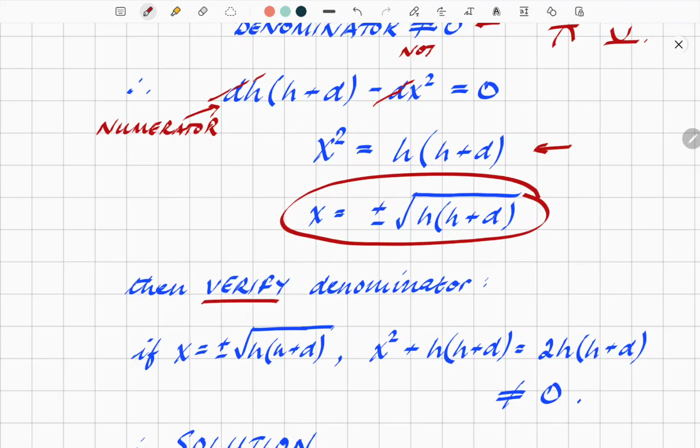Then we have to verify that the denominator is valid, that it does not go to 0 and make the whole thing an anomaly.